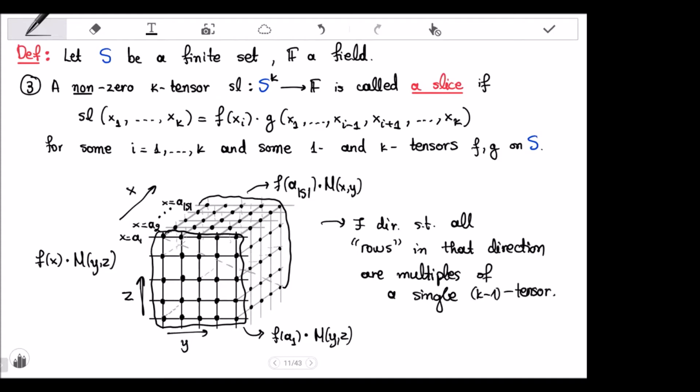So in the 2-dimensional case, this is just what a rank 1 matrix is. So for k equals 2, we have that a slice is nothing else than a rank 1 matrix.